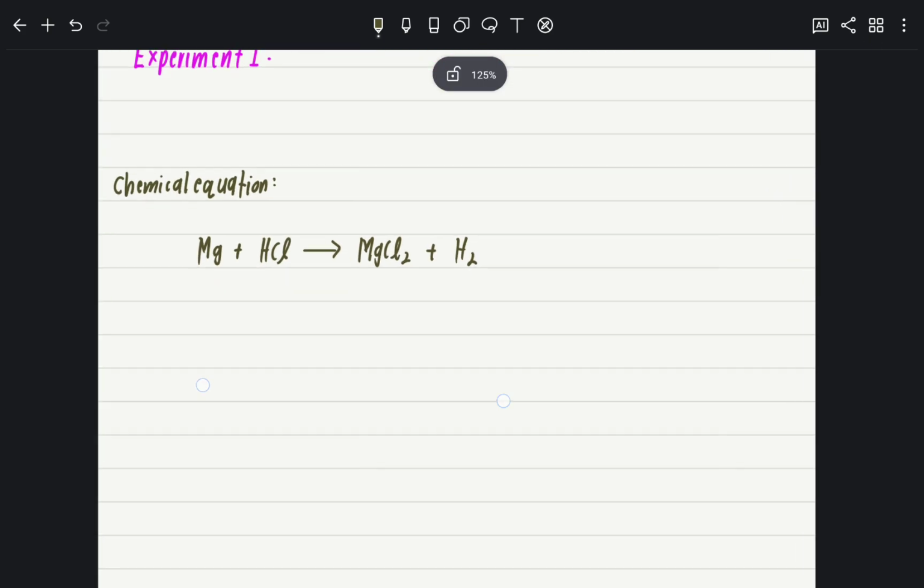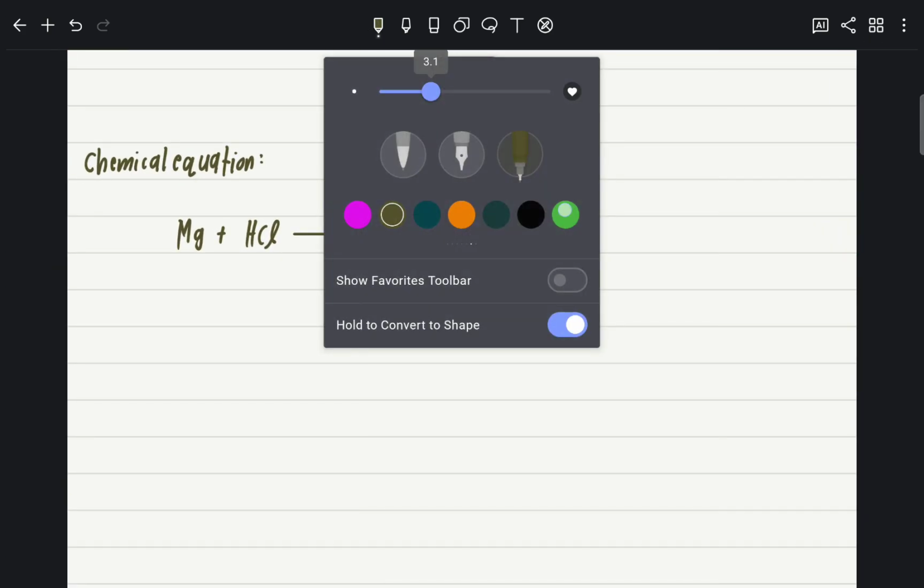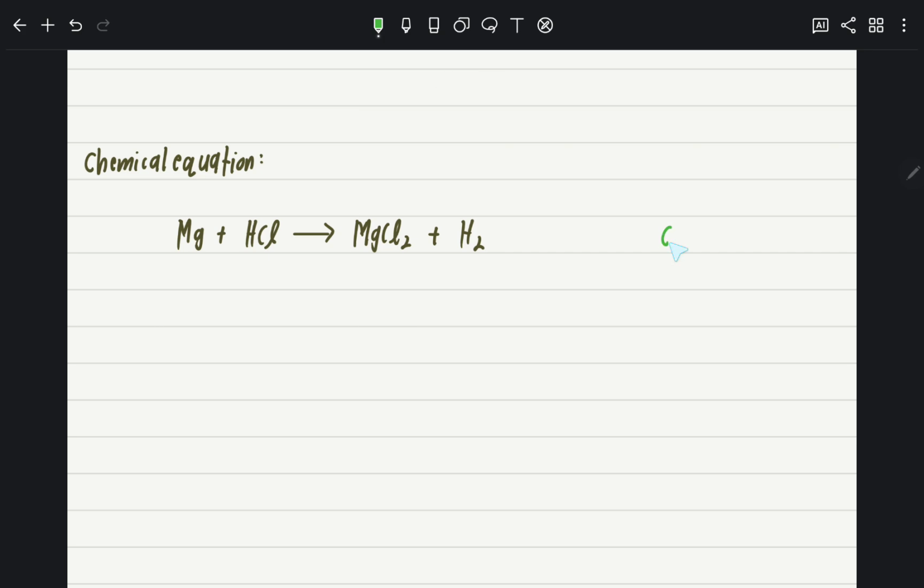For an ionic equation we can only separate three things. First, we can separate acid, we can separate alkali, and we can separate soluble salt. That's all.